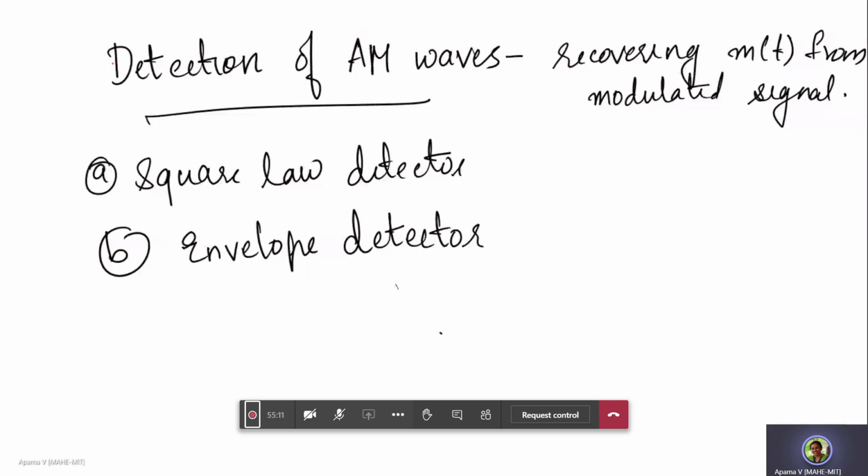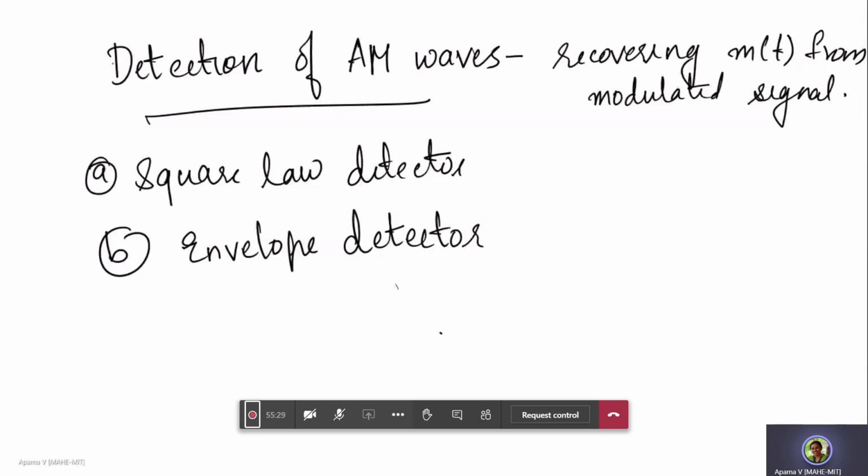After modulating, you got the modulated signal using either of those two circuits, and now you have to detect it back. You have to get the message signal back. For that, what are the circuits?